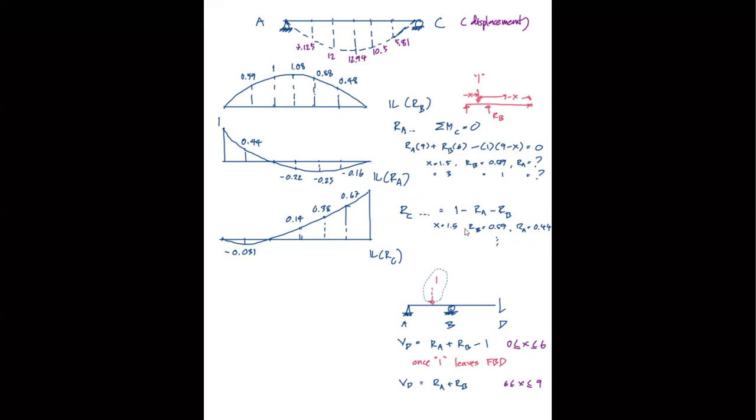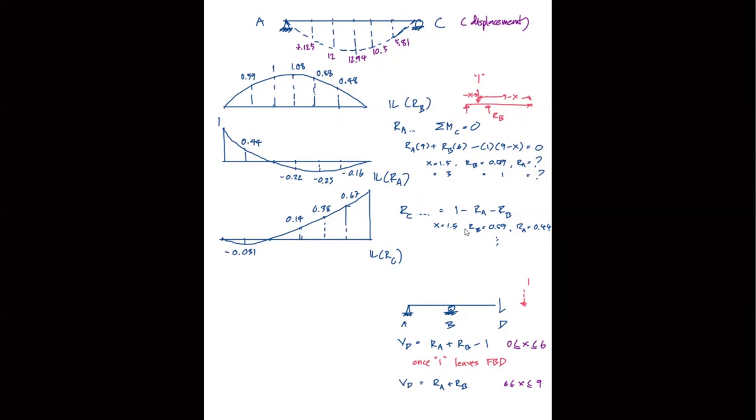Okay. If my unit load travels beyond this point, if the free body diagram is correct, this one will have to remain correct, right? Even though there is no unit load on it, but the unit load will not be on it when it travels beyond point D, which means your X is beyond 6.